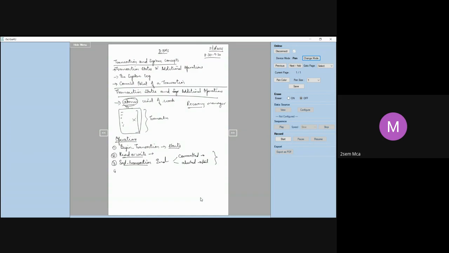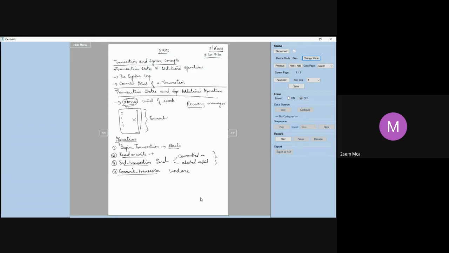Okay. The next operation is commit transaction. What do we mean by commit transaction? It indicates a successful end of the transaction. That means any changes executed by the transaction are all permanently recorded into your database, and it cannot be undone.